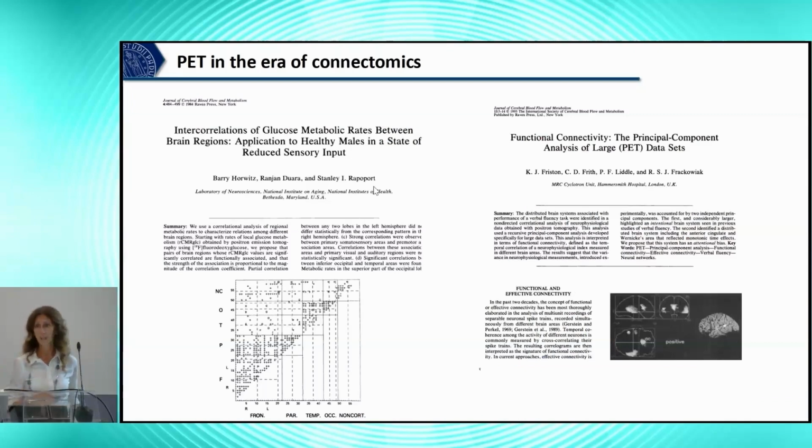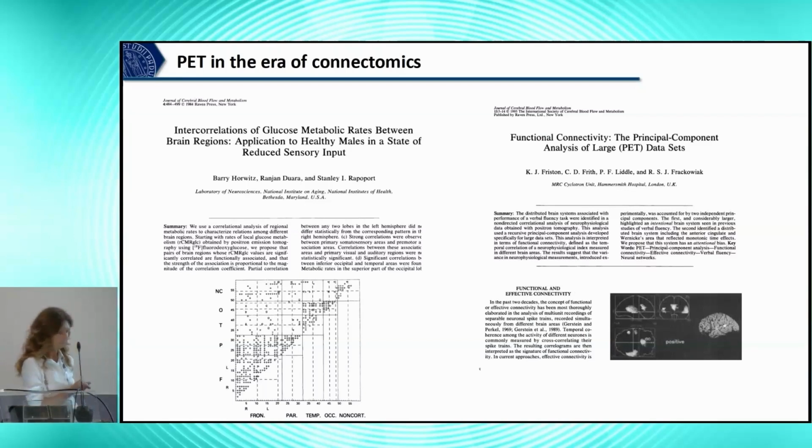It was already based on PET data. The definition that we already use is based on PET. Here I just want to highlight the two different papers, because we will use them to describe the two different types of connectivity that it is possible to measure by using PET.